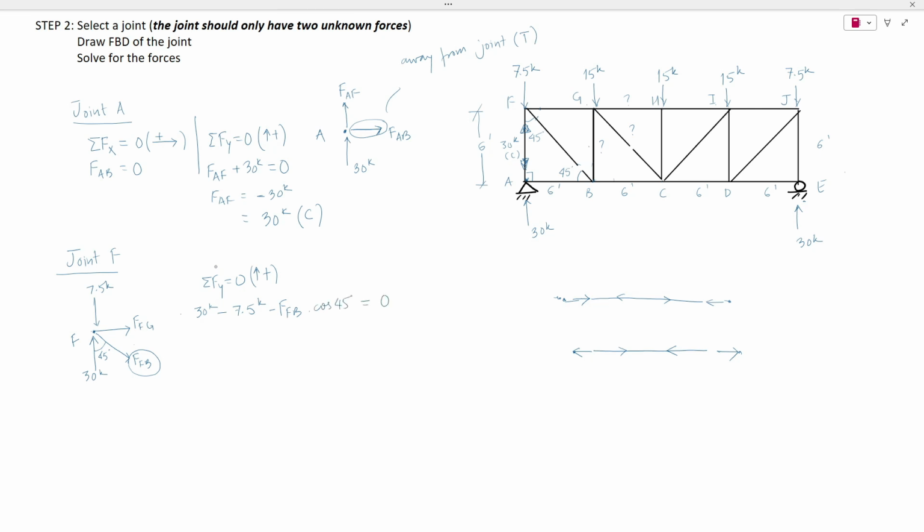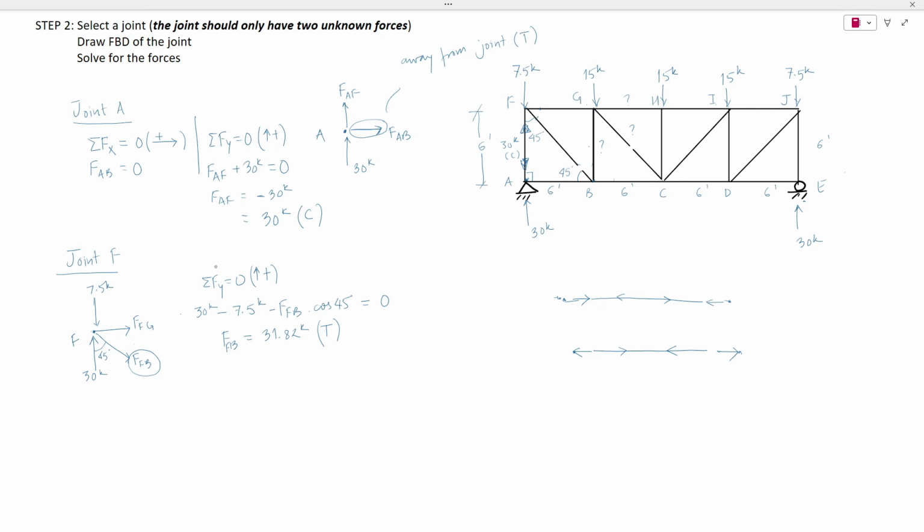Summation of all these would be 0. Upon solving this, we get FFB to be equal to 31.82 kips. It's positive. We assumed this is tension, so it is actually in tension.